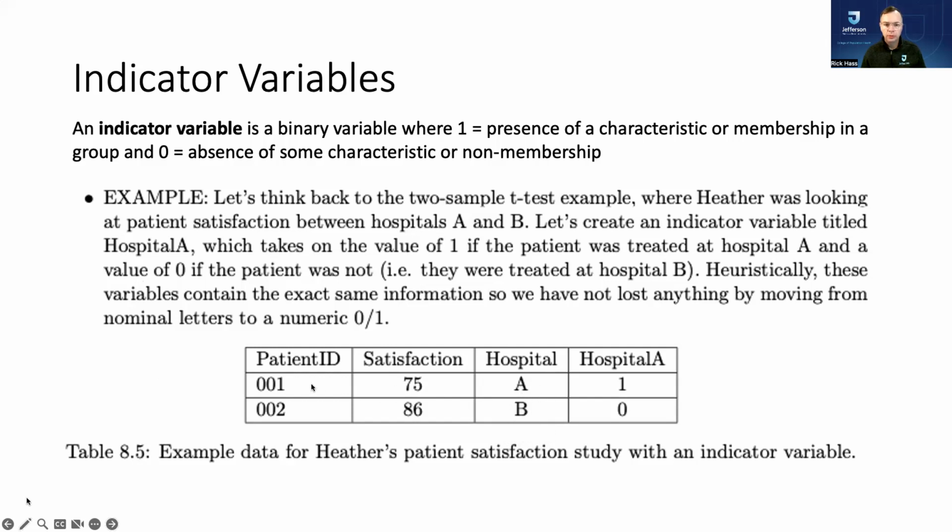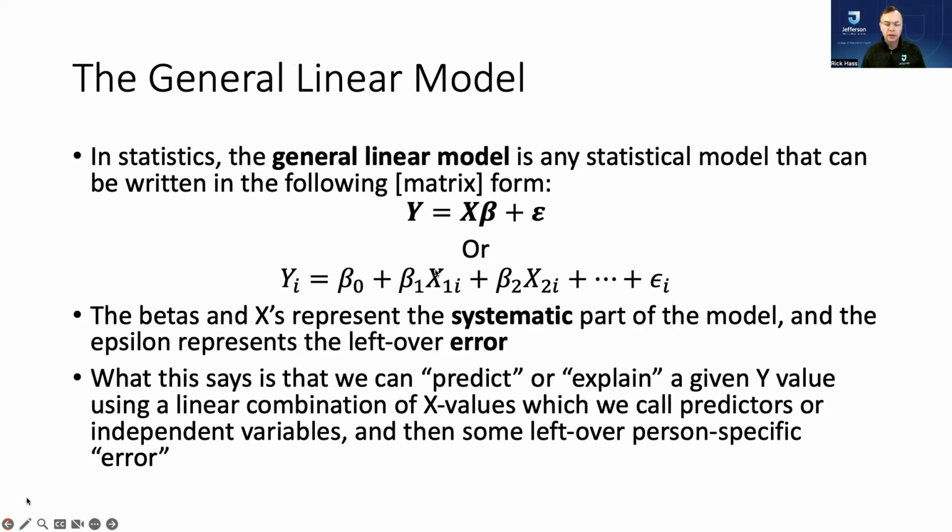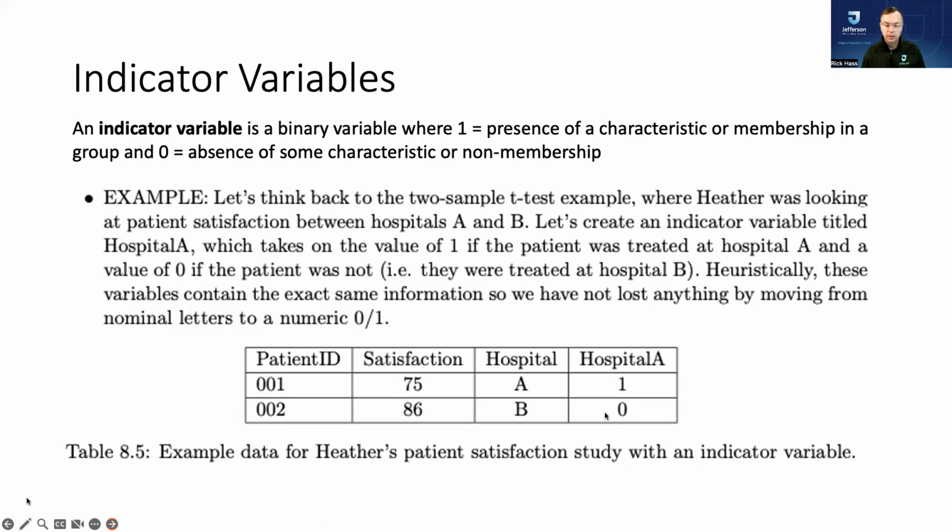All we needed to know was which patient was in which hospital. You compute a mean over those patients and a measure of variance, then you can do the t-test. For regression, we have to create a numeric variable because these x's do have to be numbers. They just don't have to represent numbers per se.